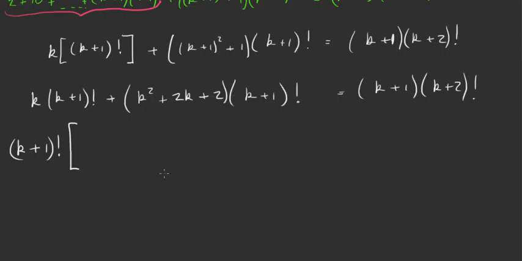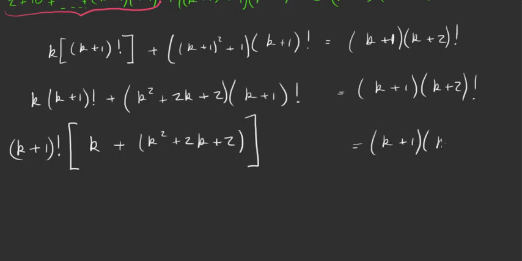I'm going to take it out of these two terms here. So I'll get k here. In other words, if you multiply this by k, you'll get this here. Plus, take it out of this here as well, and you'll end up with k squared plus 2k plus 2. And again, we're just showing that that's equal to (k plus 1) times (k plus 2) factorial.